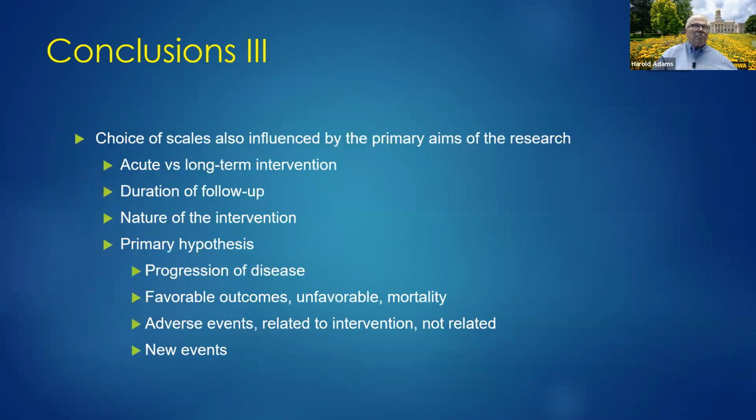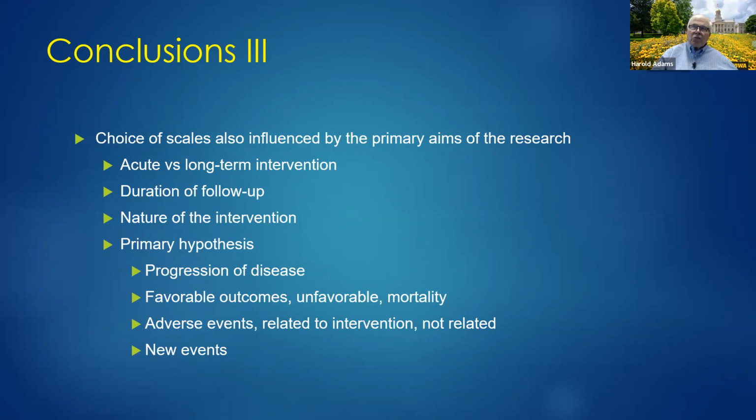Next slide. Now, the choice of scales will be influenced by the primary aim of your research project. This can be an acute or long-term intervention. It will depend on the duration of follow-up, the nature of the intervention, whether it's a pharmacologic intervention, surgery, or whatever it is.